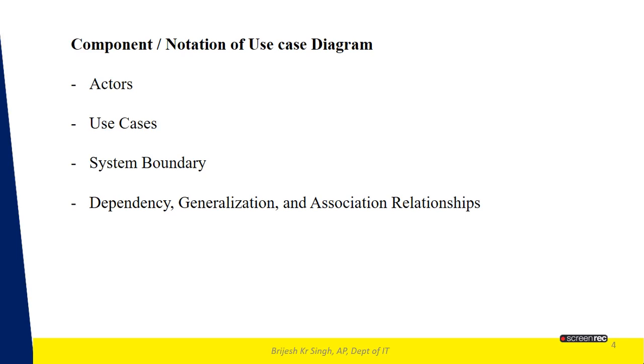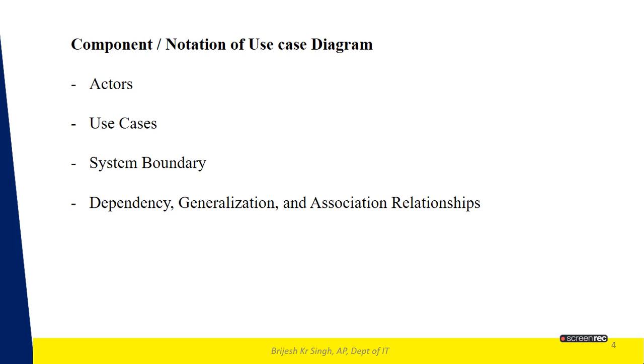What are use cases? A use case describes a sequence of actions that provide a measurable value to an actor. A use case is represented as an ellipse. A use case involves the interaction of an actor and the system.